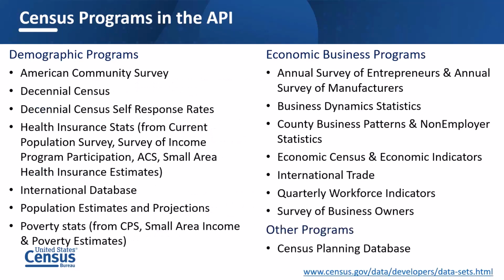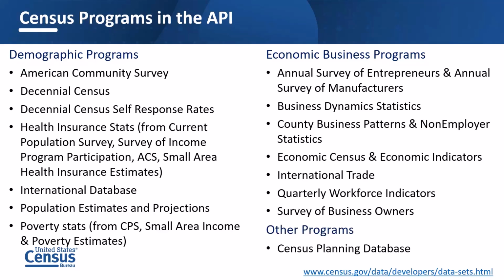These are the census programs that are in the API. So you can see on the demographic programs, we have the American Community Survey, Decennial Census, we have health insurance statistics, APIs, international database, population estimates, poverty statistics from different surveys and programs.